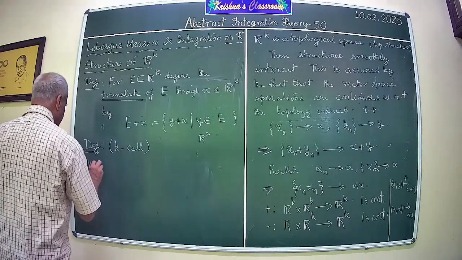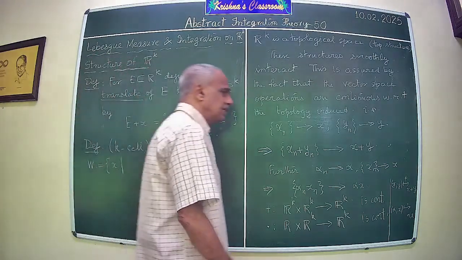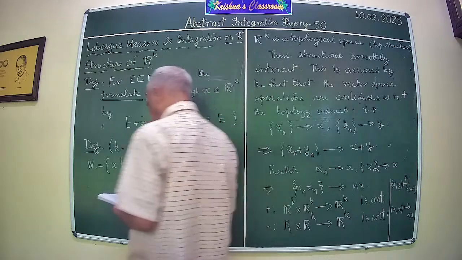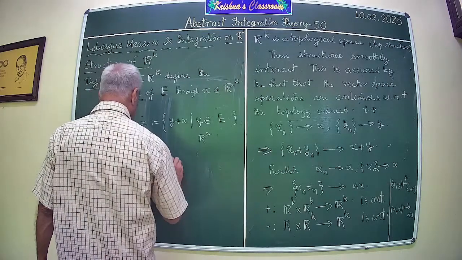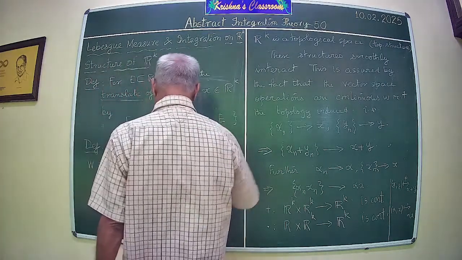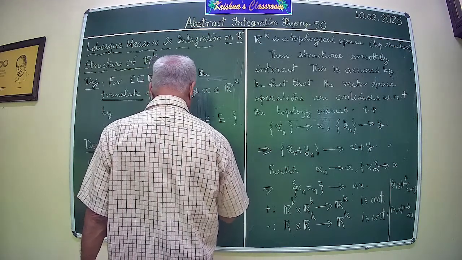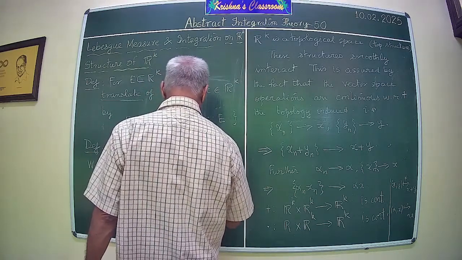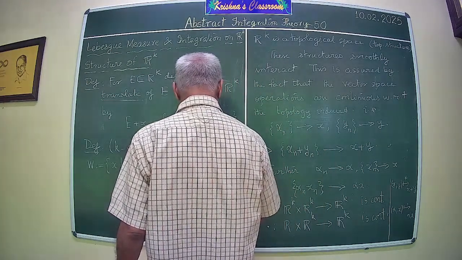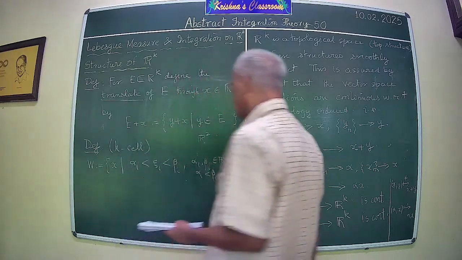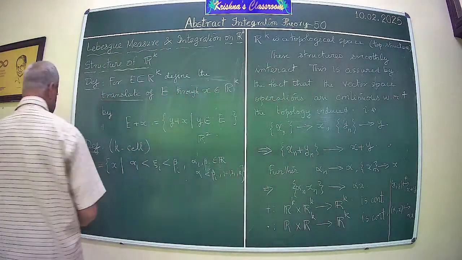You define W to be the set of all x, where x has components psi 1, psi 2, up to psi k, where alpha i is less than psi i less than beta i, for i equal to 1 to k.